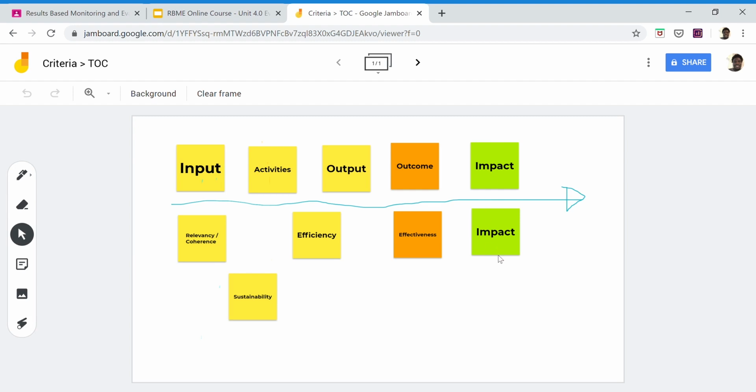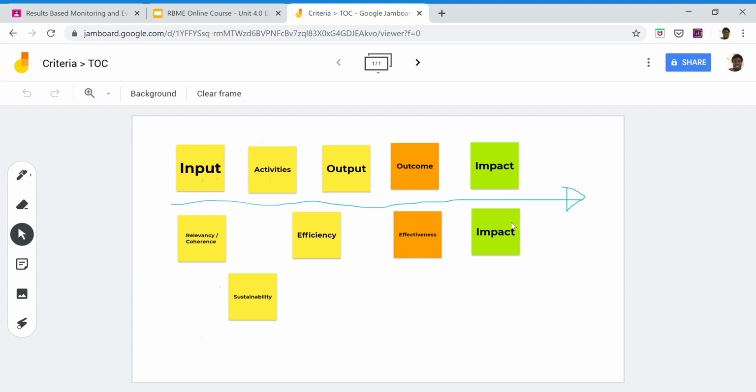But in terms of the criteria now, you actually have impact as a criteria, and think about the outcome, which relates to the effectiveness of the program, or what you call the evaluation question. Here you'll be talking about the extent to which the program actually met the outcome.